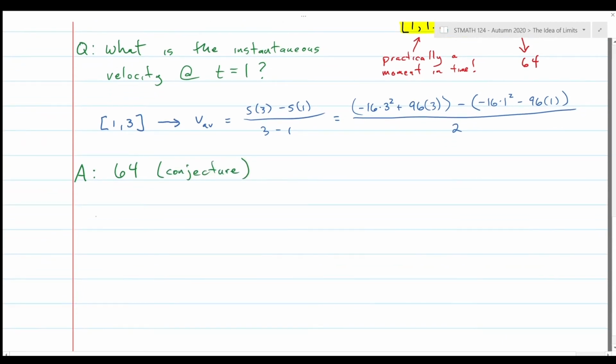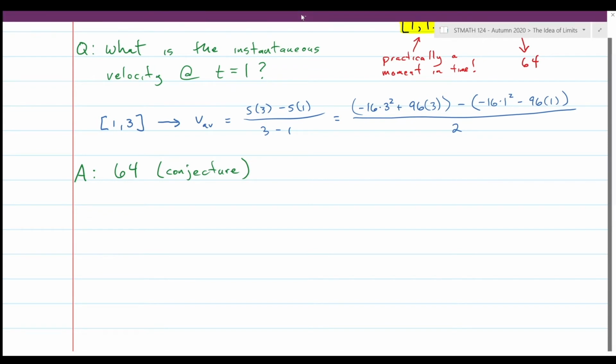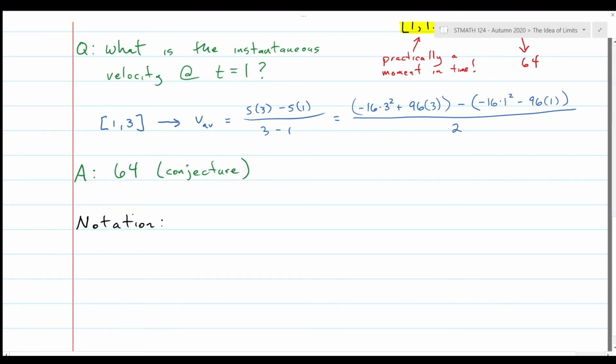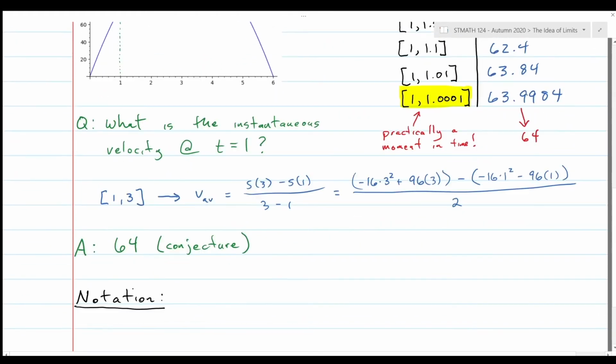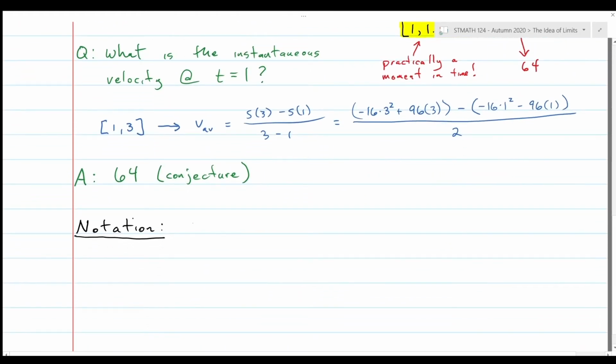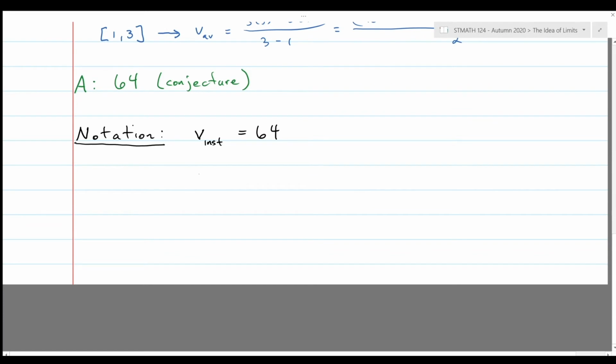A little notation that we're going to use here to indicate that this answer of 64 was the instantaneous velocity: I'm going to write V-inst equals 64. To indicate how I got that answer, V instantaneous velocity.